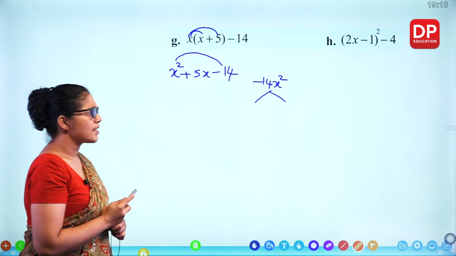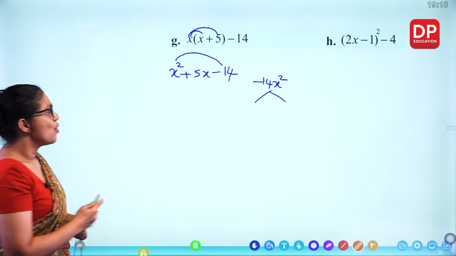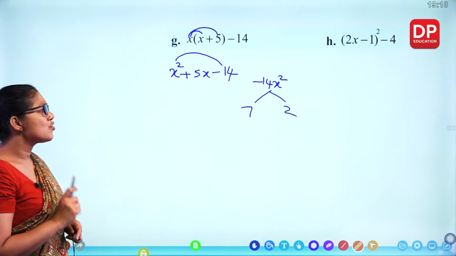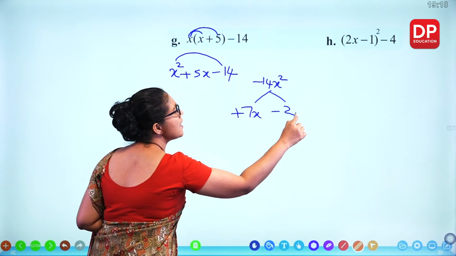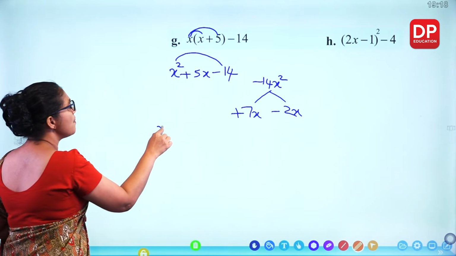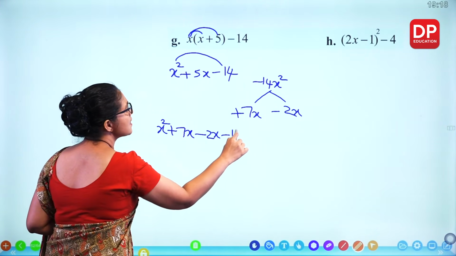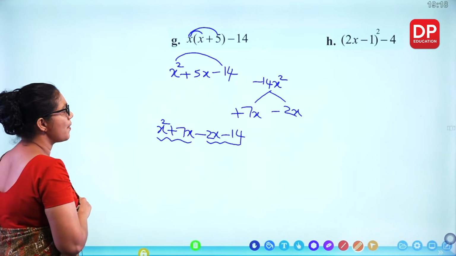So what are the factors of minus 14? So 7 and 2. But we know the middle term is positive, means the larger number should be positive. So plus 7x and minus 2x. So split the middle term to 7x minus 2x. Take first 2 separately, last 2 separately.